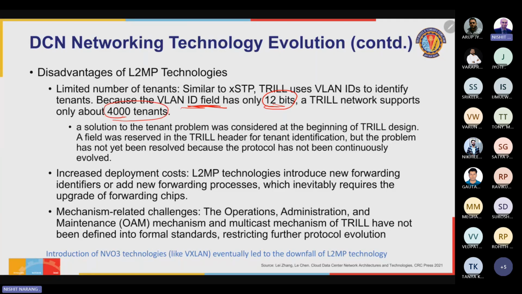Now, when Trill was designed, they actually knew about this problem, that VLAN only supports 4,000 tenants. They knew that the world is evolving, cloud computing is becoming very popular. At some point in time, they will have to support more than 4,000 tenants on the data center network. This problem was known. In fact, a solution to this tenant problem was also considered when the Trill protocol was being designed.